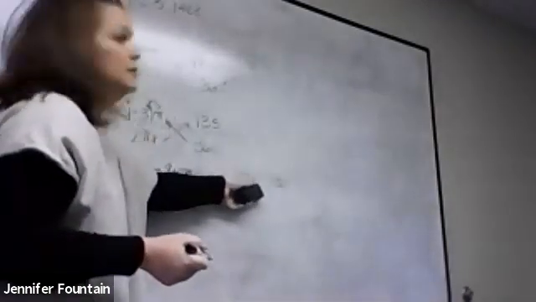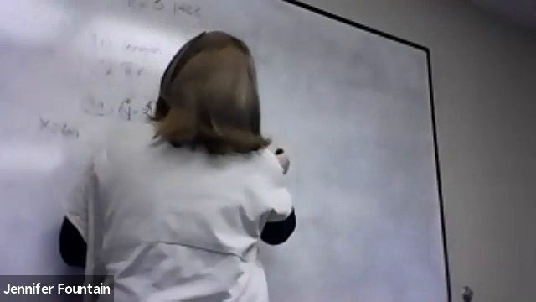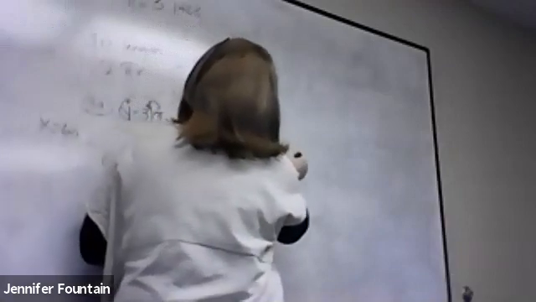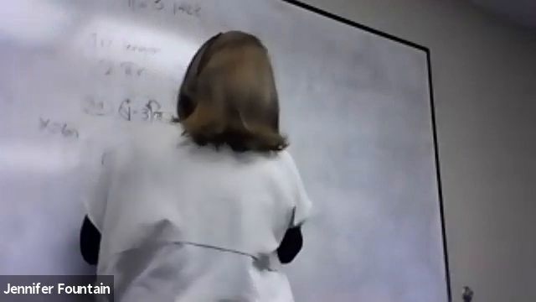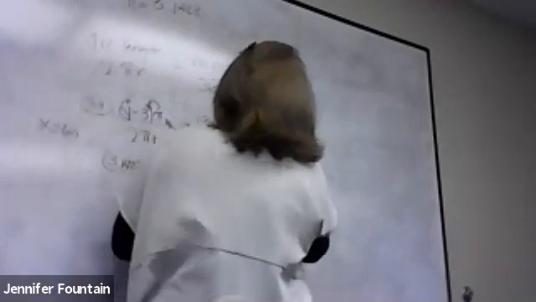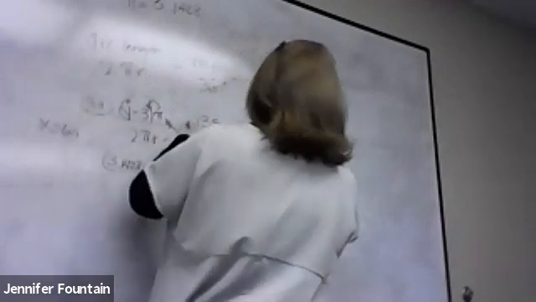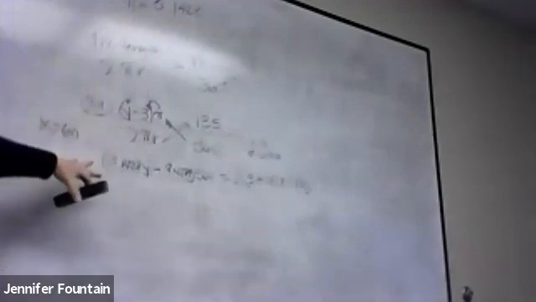But what does it tell me in my problem that r is? 8. So if r equals 8 and pi equals 3.1428, I'm going to plug those in. So 2 times 3.1428 times 8 times 135. Does everybody see where these measures have come from?